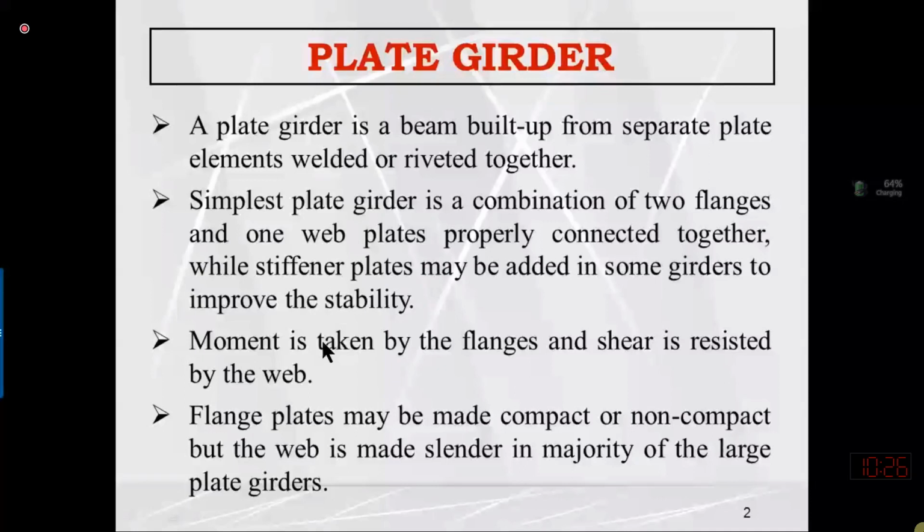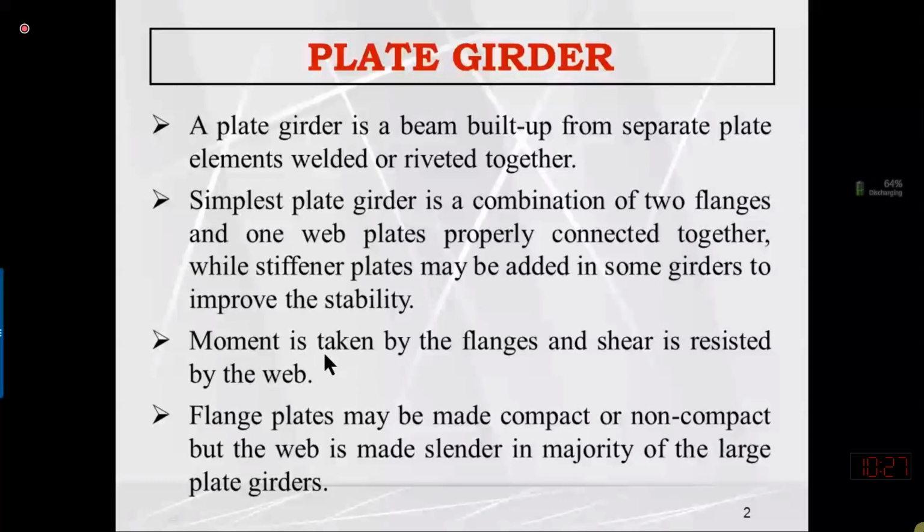But we are assuming that all the moment is resisted by the flange, and the web is not providing any resistance toward the moment. So when we are designing the flanges, they will be designed to carry the moment. Assuming the web is not contributing, the flange size may be a little bit on the upper side, because the moment which is taken by the web is also considered to be taken by the flanges.